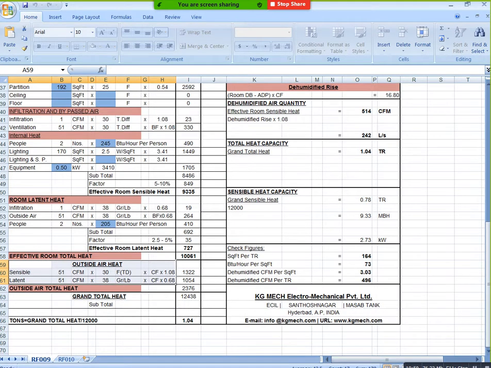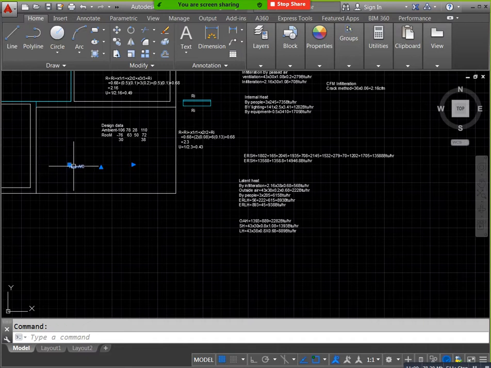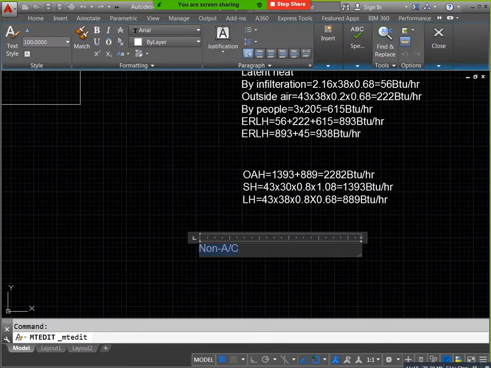Now you can make the grand total. Grand total is equal to ERSH plus ERLH plus OAH. These three combined.